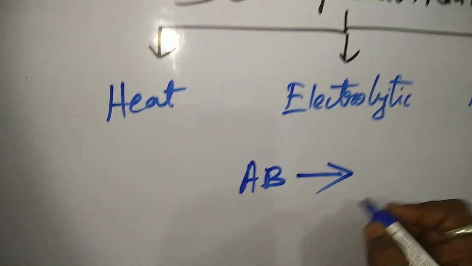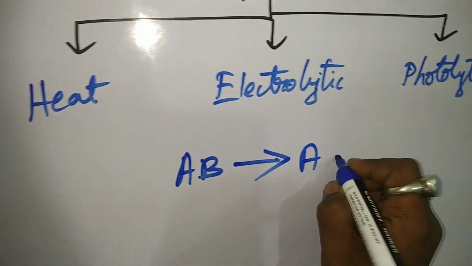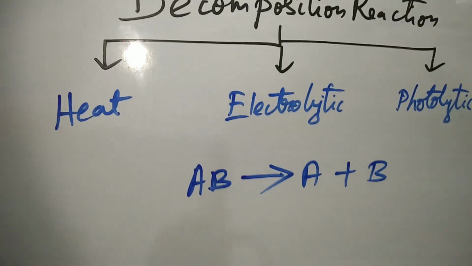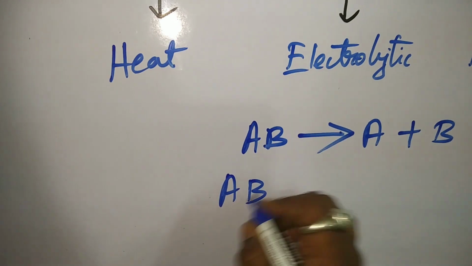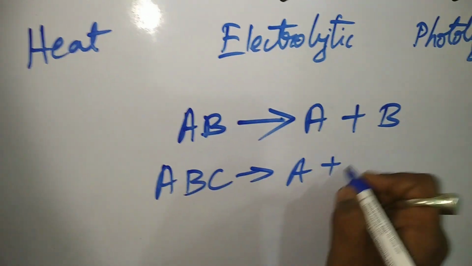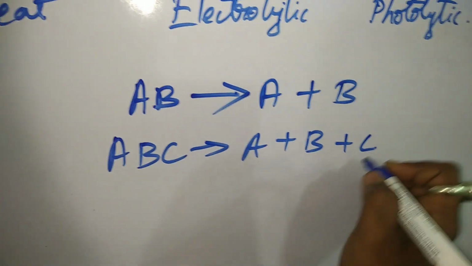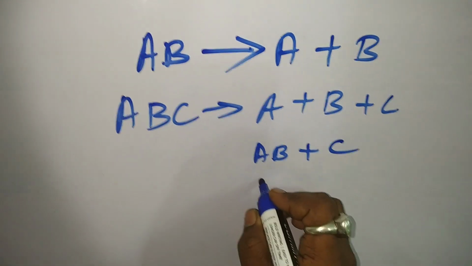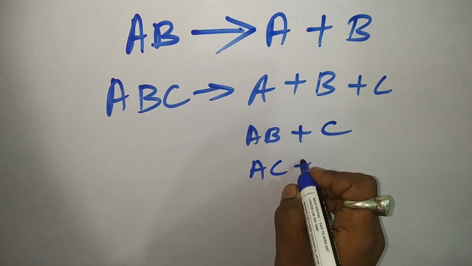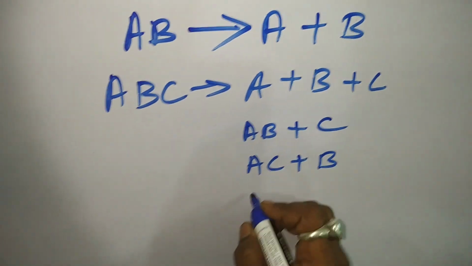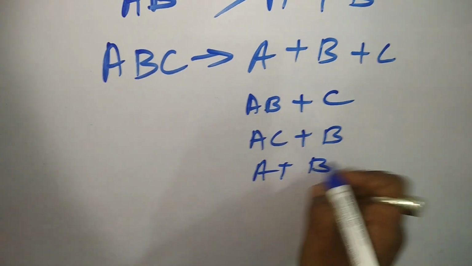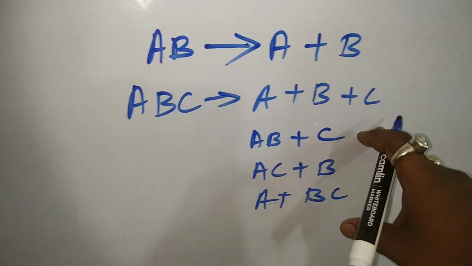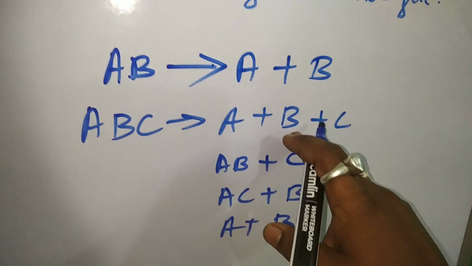AB decomposed into A plus B. Yes, it can also be ABC into A plus B plus C, or AB plus C, or AC plus B, or A plus BC. Anything, my students. Why does ABC decompose into A plus B plus C?